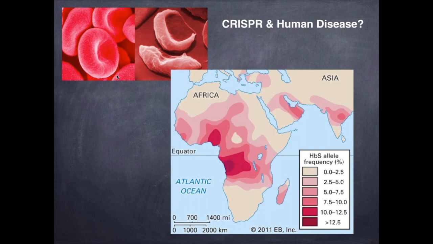Now, is it useful for the human genome? The answer is yeah. Let's take an example, and the example would be sickle cell anemia, which is a hereditary genetic disorder in this country, and it causes red blood cells to sickle, clog the bloodstream, all sorts of problems. In this country, it's mostly found in Americans of African ancestry.